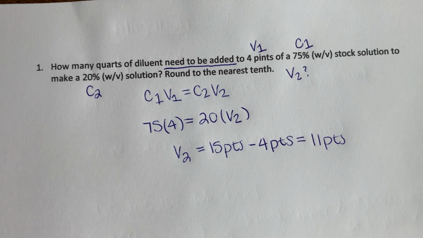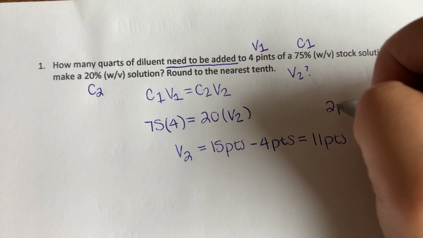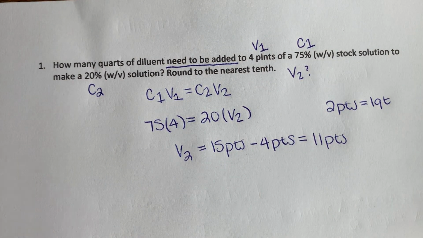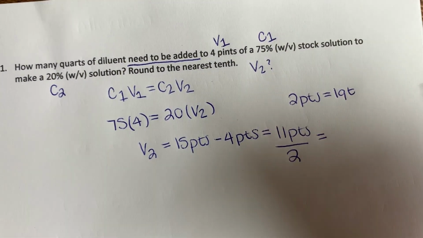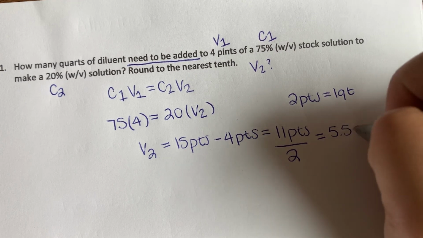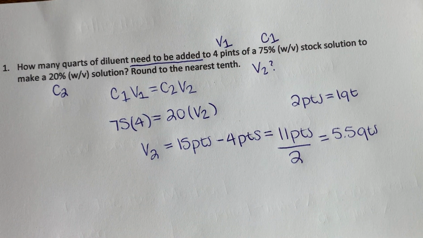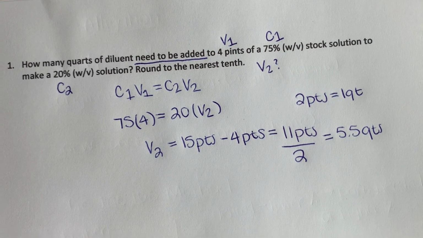All we have to do is convert pints to quarts, which is very simple. 2 pints equals 1 quart. So we want to go ahead and just divide this by 2, and we'll get our answer of 5.5 quarts. So that's a good problem to show how to use the C1V1 method.